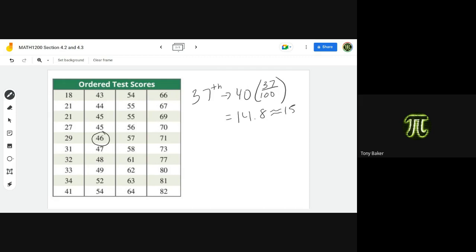That's an L, right? So will L and P always be the same number? No. L equals 40 times 37 over 100. That's L. It's definitely an L, a cursive L. It's called the location of the percentile.